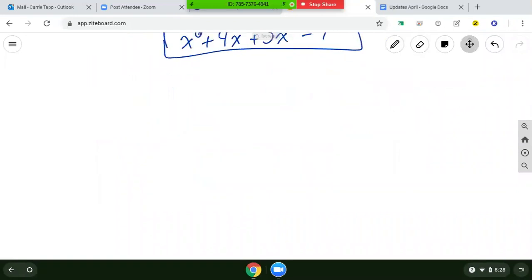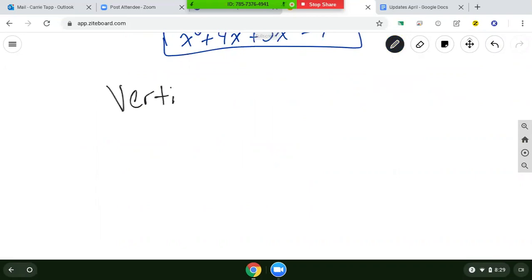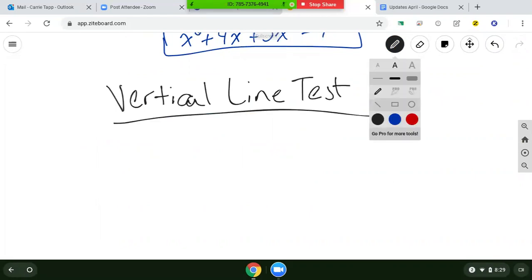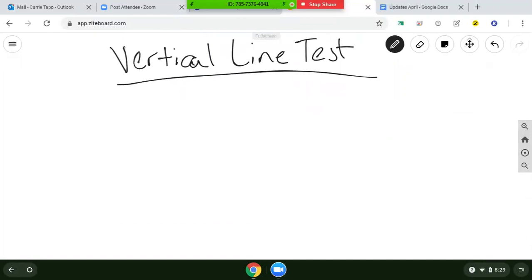Okay. And then we've got one more section to cover here, which is the vertical line test. Okay, so in our vertical line test, I'm going to need a couple of graphs here.